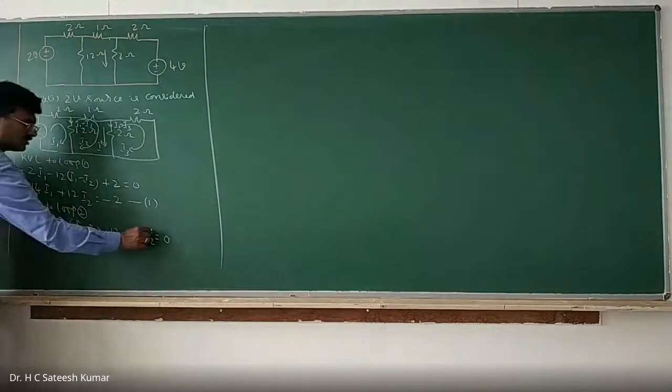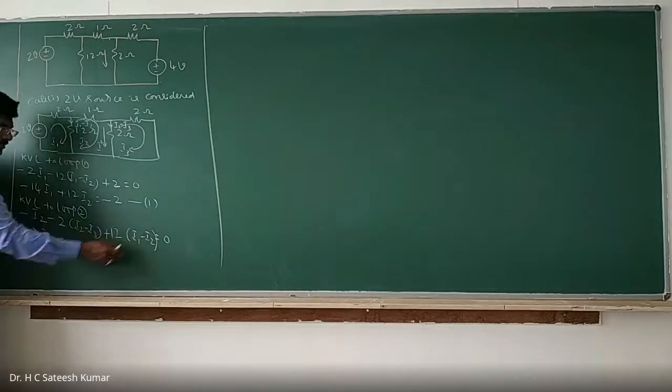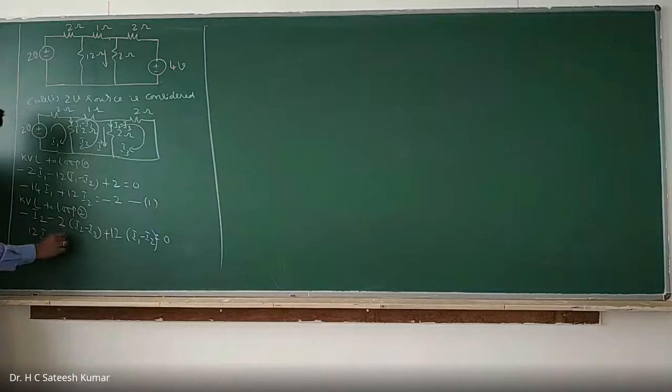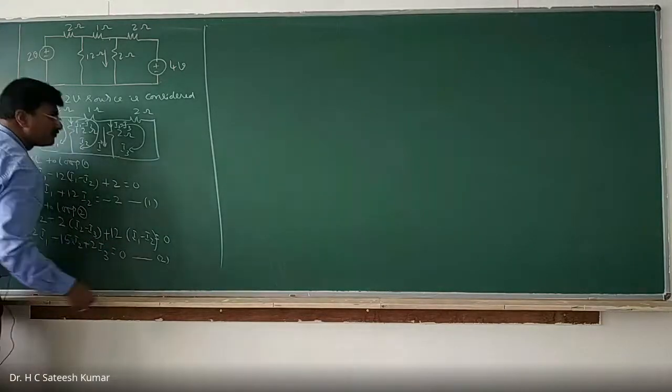Okay. Now you group them. We have 12 I1, minus I2, minus 2 I2, minus 12 I2, that is minus 15 I2, plus 2 I3 is equal to 0. Call this equation number 2.